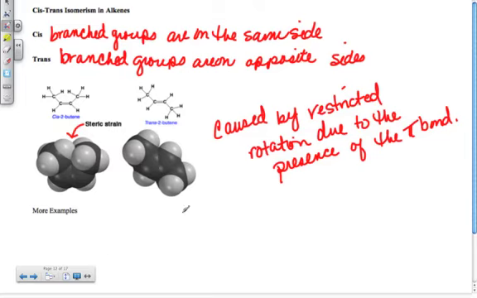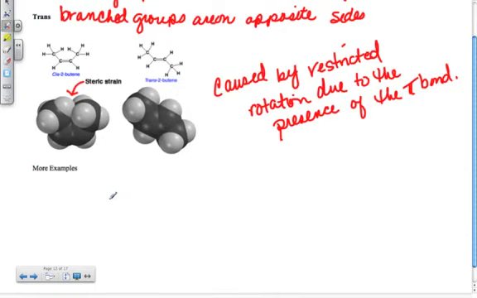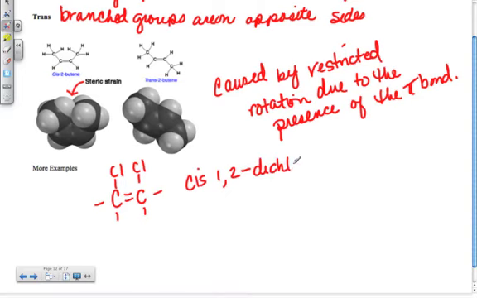Let's do a couple more examples. Here, if I were to draw this, so here I have cis-1,2-dichloroethene.